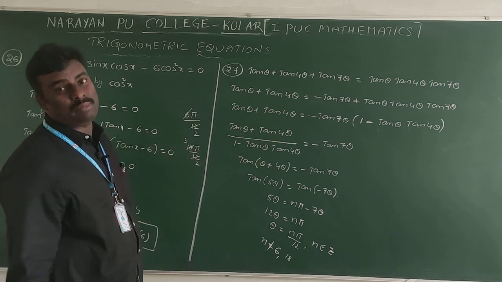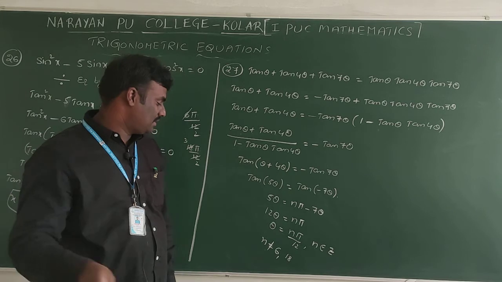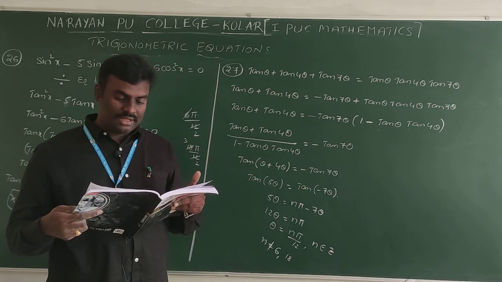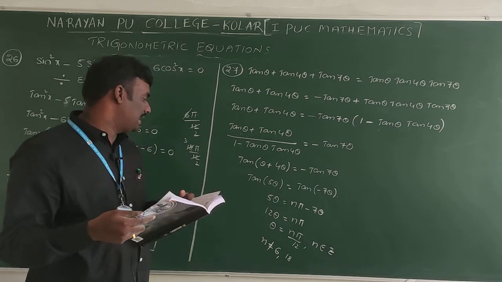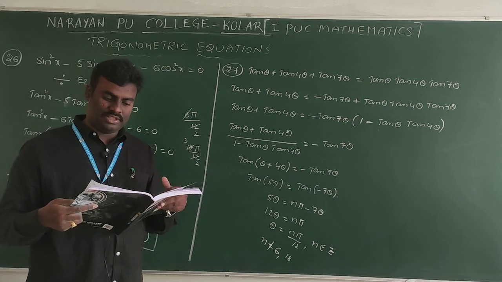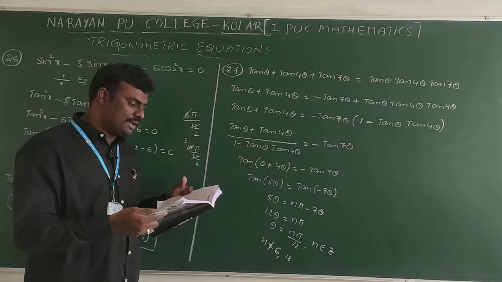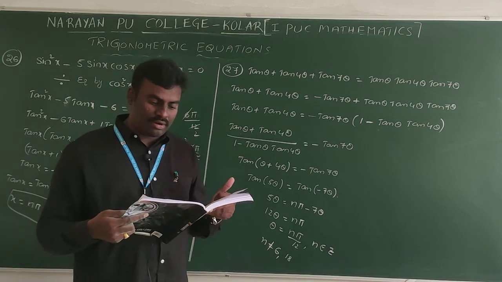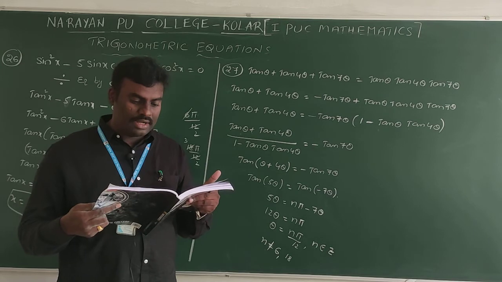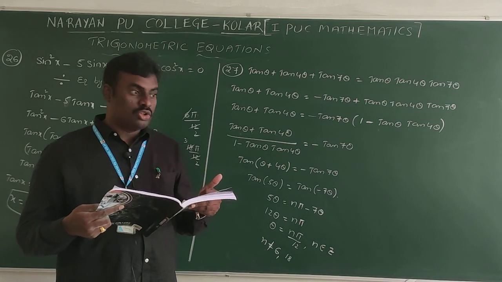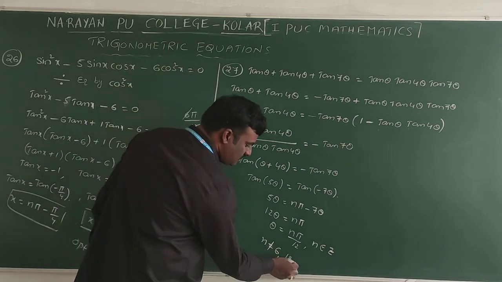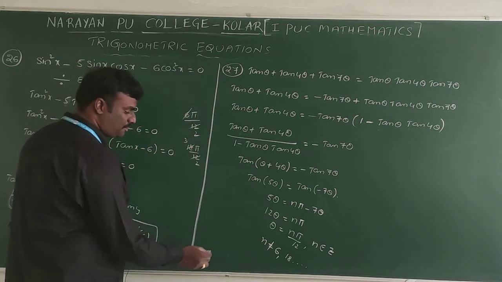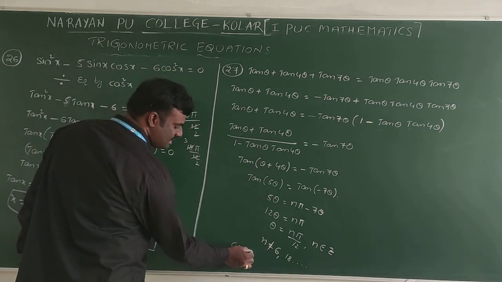Again tan 3 pi by 2 is also not defined. That's why don't take 18. So in the second option, n pi by 9 is also not correct, and the third option is also not correct. Now the first three options are not possible. Therefore option D is the correct answer.